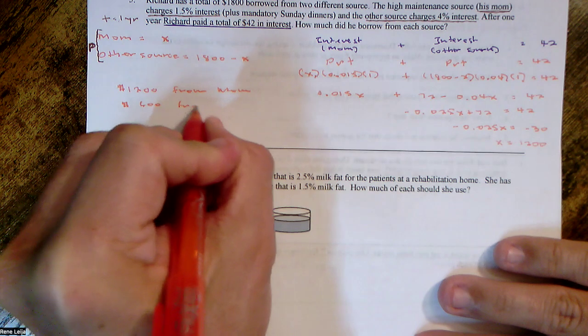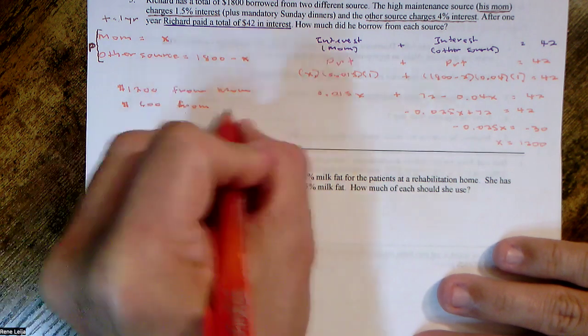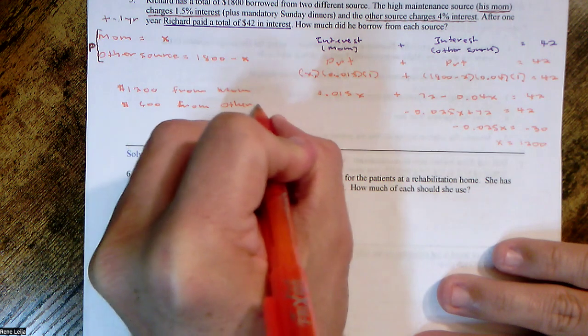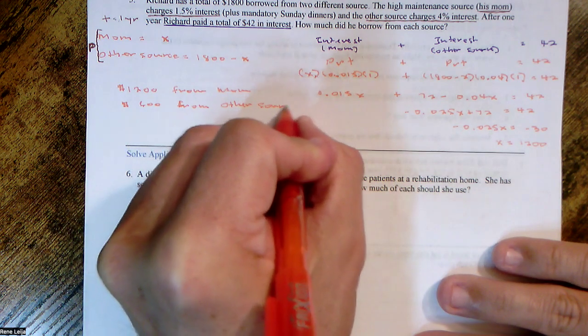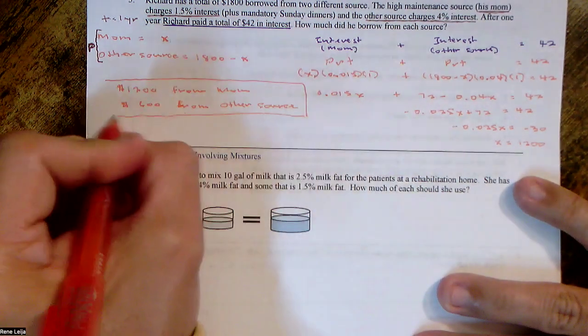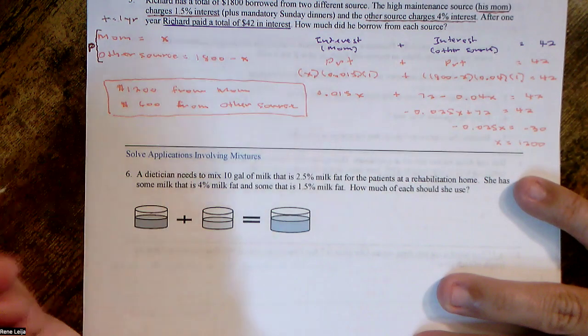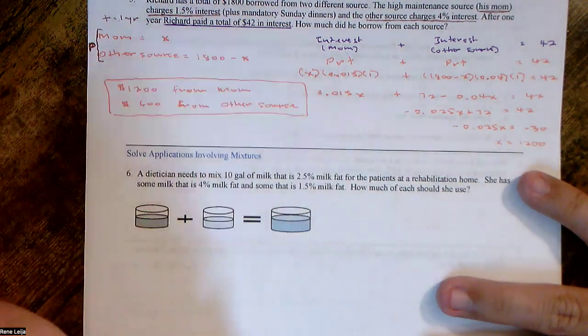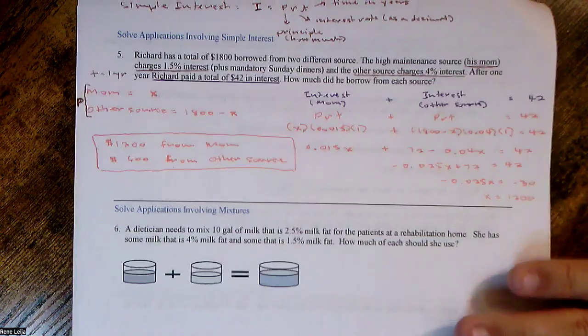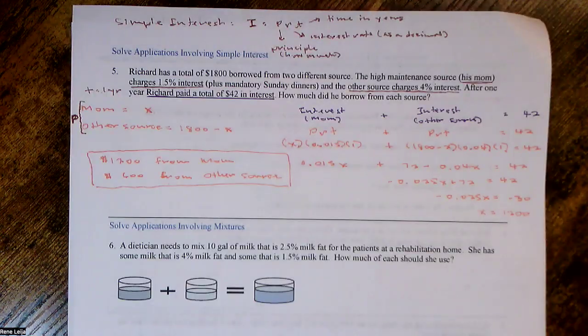So he borrowed $600 from the other source. Okay. And then again, how do you know that we're right? Well, add these up. 1,200 plus 600 gives us 1,800. Okay. Now this one was involved.